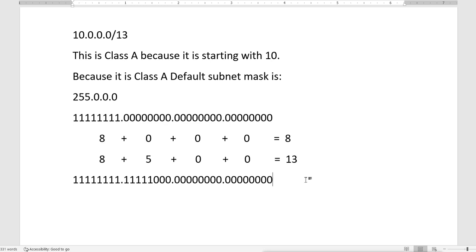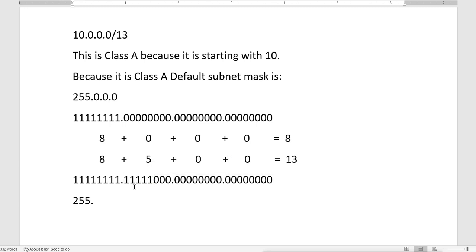Now when you convert this into decimal, the default one is 255.0.0.0, but when you say /13, the subnet mask will be 255 dot, and here we have 5 bits enabled. We remember the bit values are 128, then 64, 32, 16, and 8.